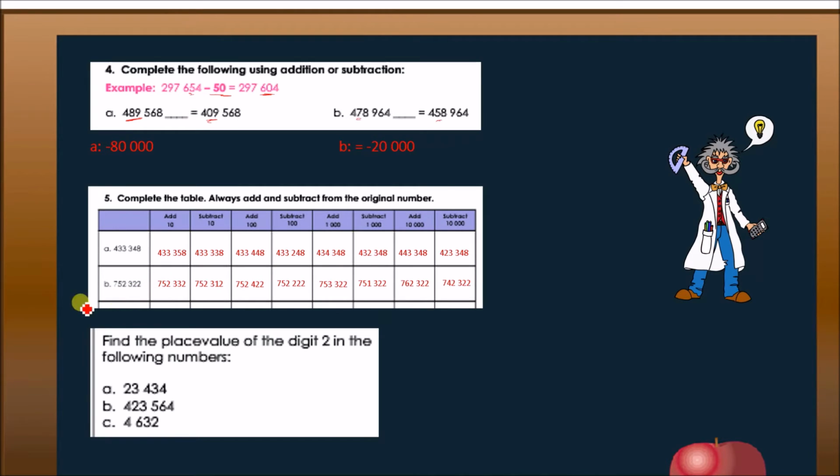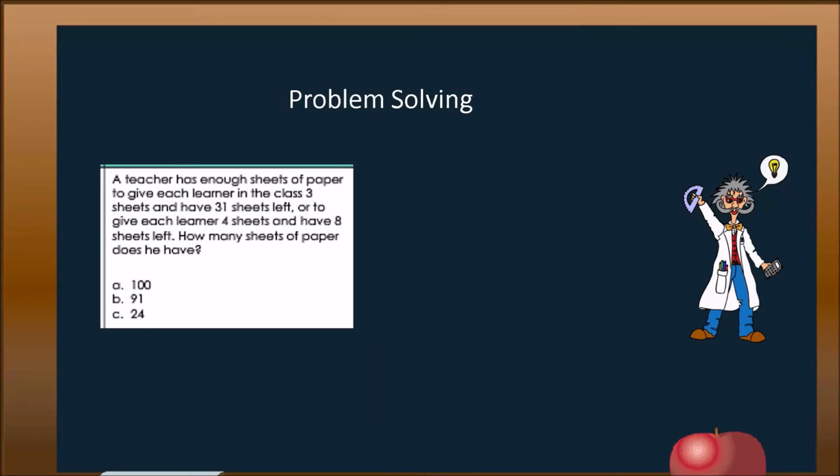That wasn't too difficult, was it? Good. Now, find the place value of the 2. This 2 is in the position of the 10,000s, so it's 20,000. Same with this one, it's also in the position of the 10,000s, so it's 20,000. This 2 is in the position.